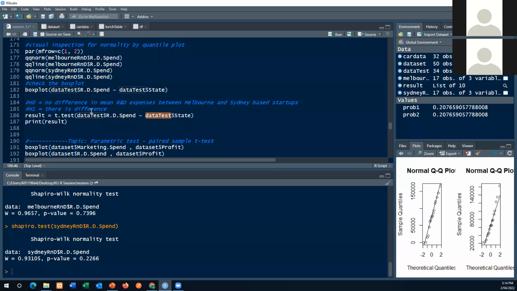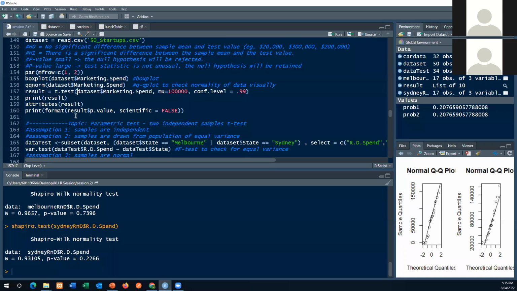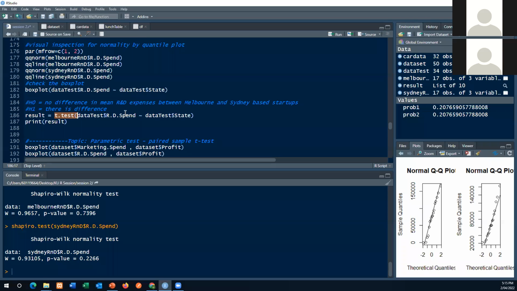Previously we did the t-test with only t.test, giving the sample and the mean that we want to test. But here we are using the same t-test, the same function, but passing two things as a formula. We want to check the spend with respect to the state, as a data set. So this is the difference between these two usages, the same function but invoked differently.